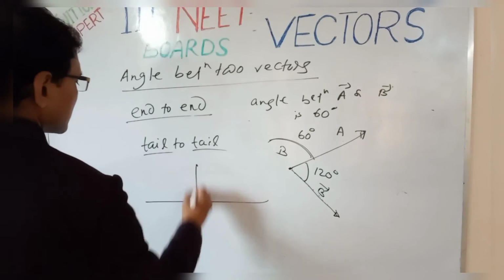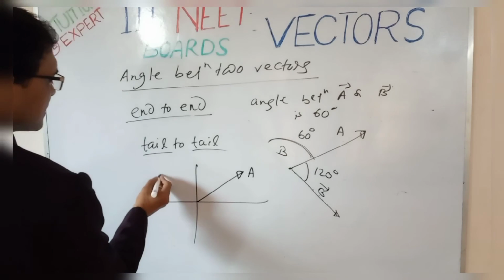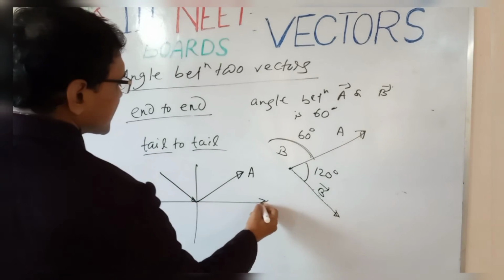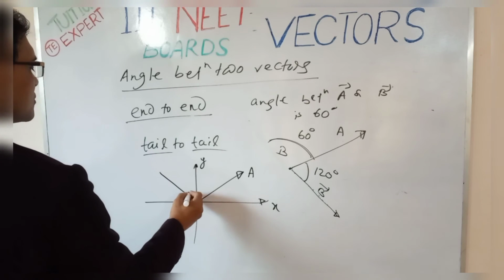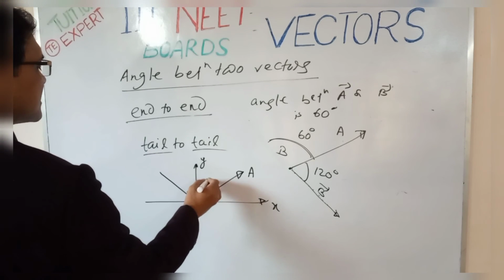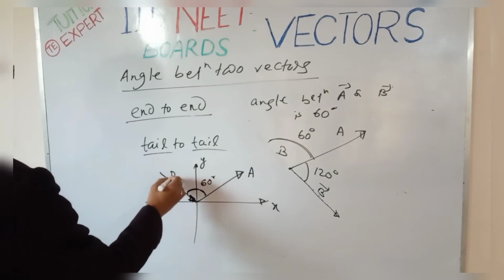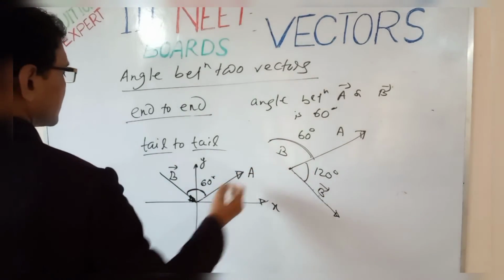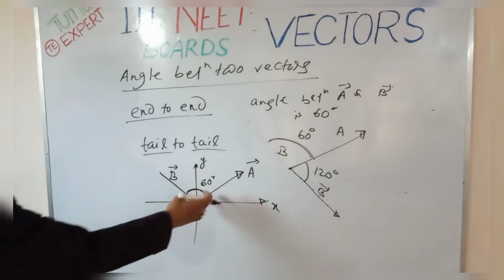Suppose this is vector a and this is vector b. This is the x-axis, this is the y-axis. Now this angle is 60 degrees.